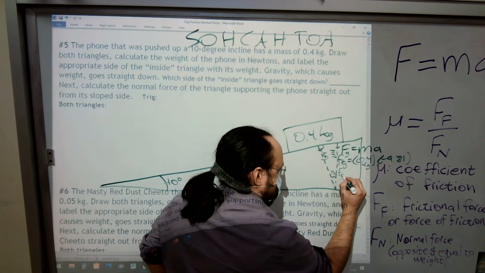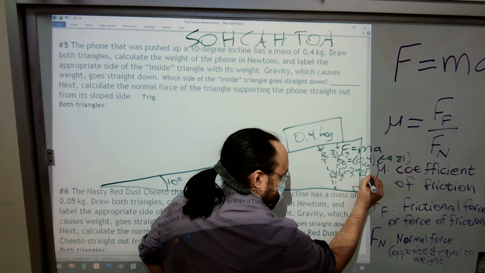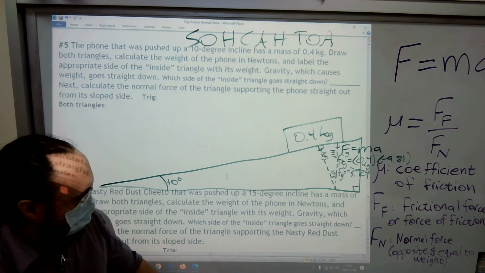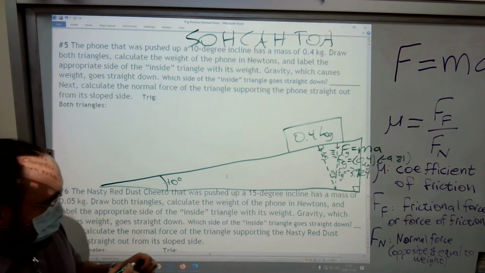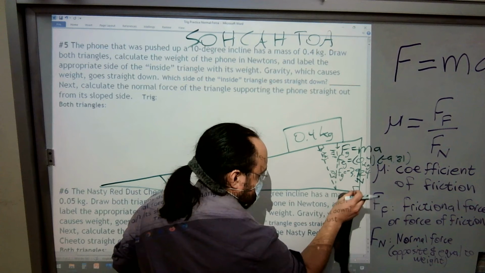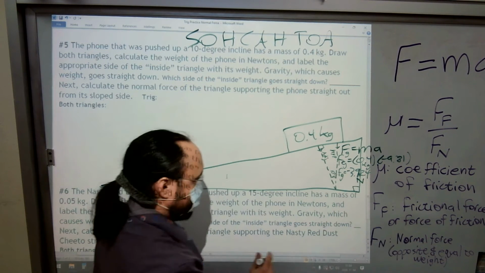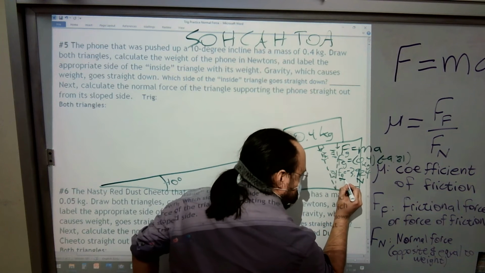And that makes our weight negative 3.924. Is that really a 9 though? Yes, it is. That's in newtons. That's not a W. That's an F. There we go. So this number is our hypotenuse side.